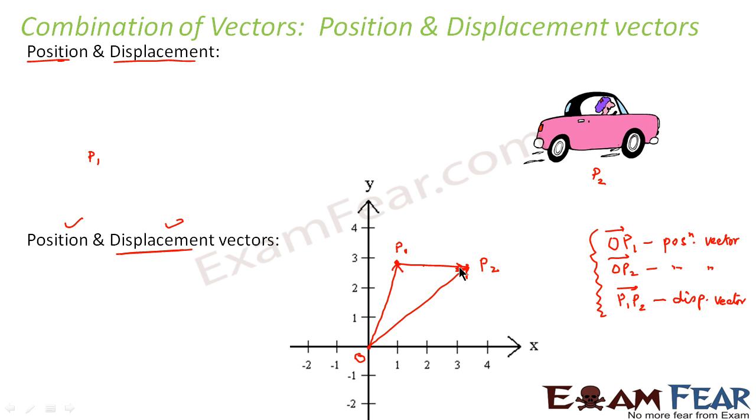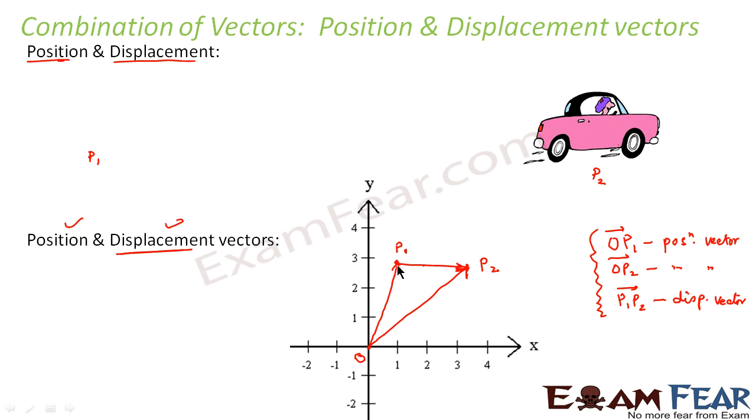When we represent the car's motion graphically, let us say this point P1 represents the initial position. What do you think is on the y-axis and the x-axis? P1 represents how much it covered along the y-axis and how much along the x-axis, because now we are not talking of motion in a straight line, right? So here x and y represent the coordinates.